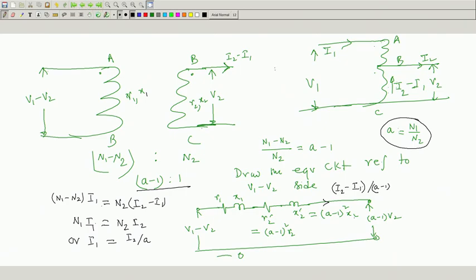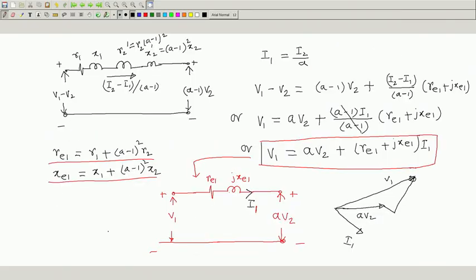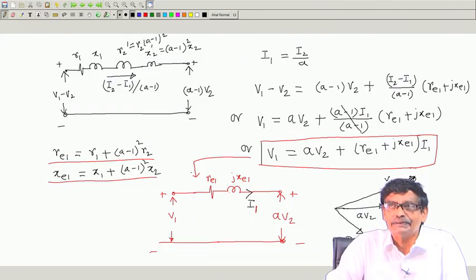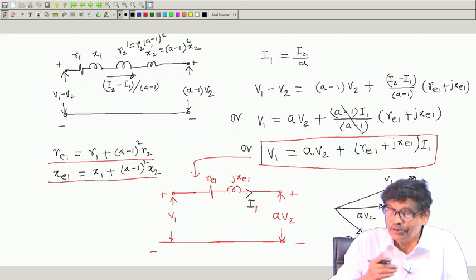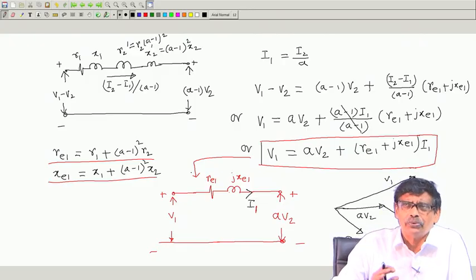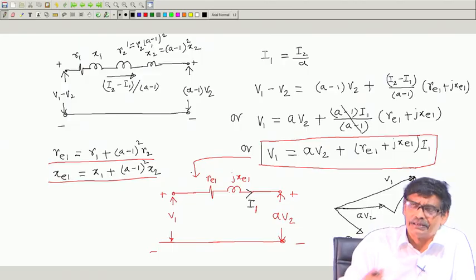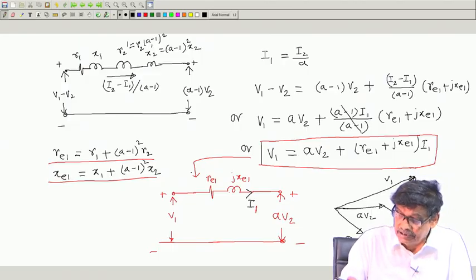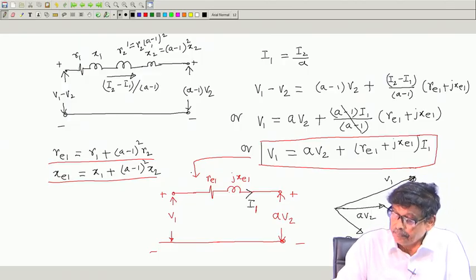I will be getting the equivalent circuit referred to the load side as well, starting from this basic equation here. I leave it to you to ponder over, but better do not waste too much time on that. Only one point in this diagram.